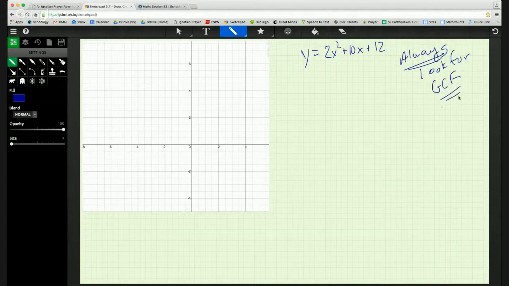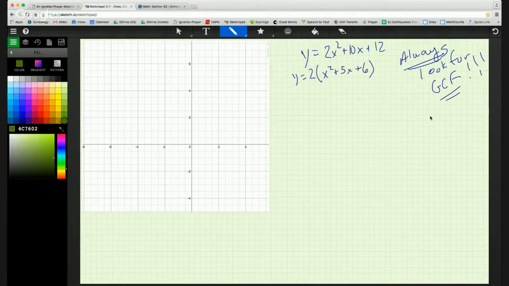Our friend GCF first. And let's do that. So if we GCF factor this guy, we get y equals 2 times x squared plus 5x plus 6. Okay, now I'm feeling a lot better. Let's just do our big X here.